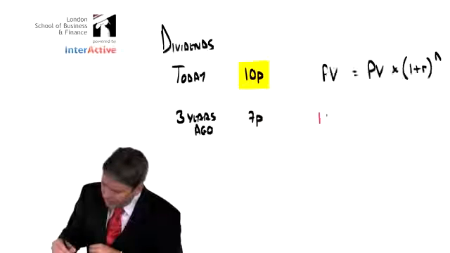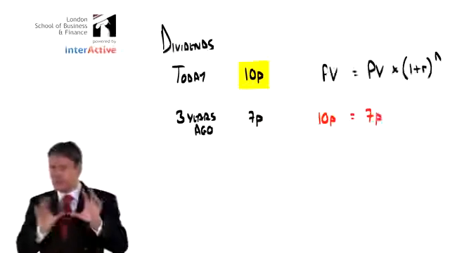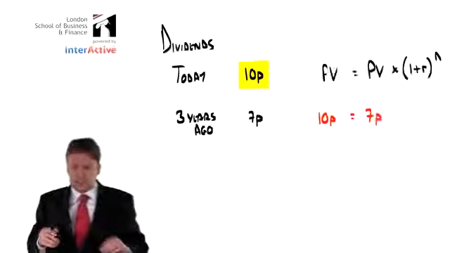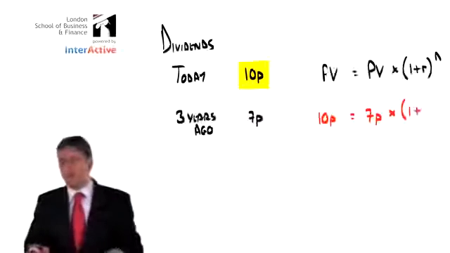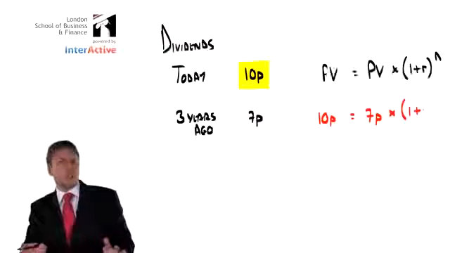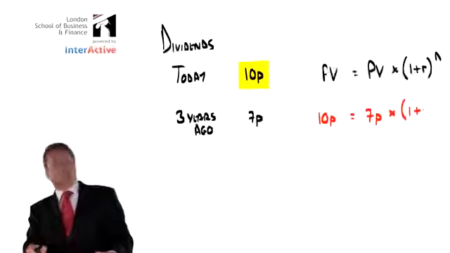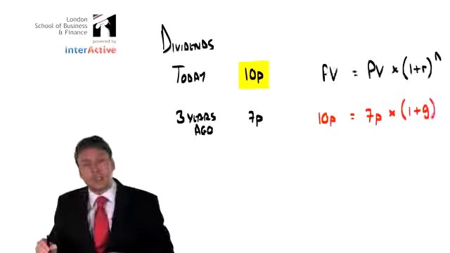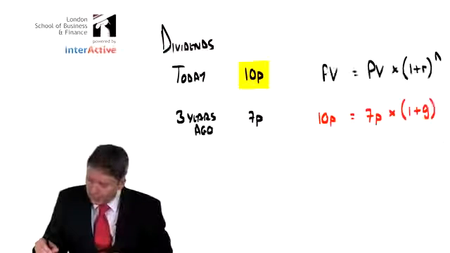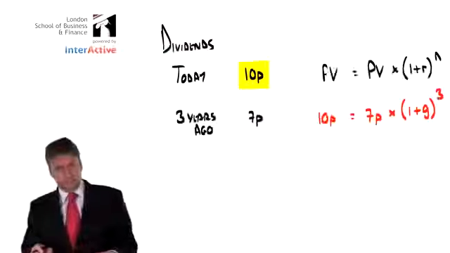That the future value, 10p, equals the present value, 7p. Can you see the relationship there? Multiplied by 1 plus r. Well, what is r? What is the return here? I suppose the return is the growth rate, what we're trying to calculate. And n is the number of compounding periods, 3.